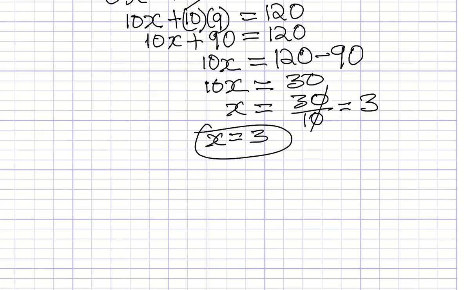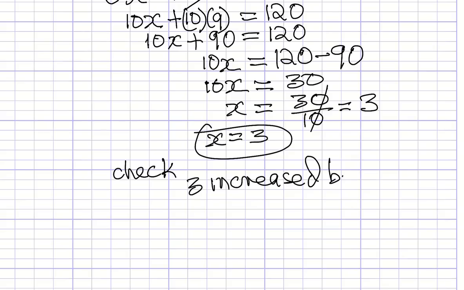The way you check it is you go like this. 3 increased by 9 is 12.